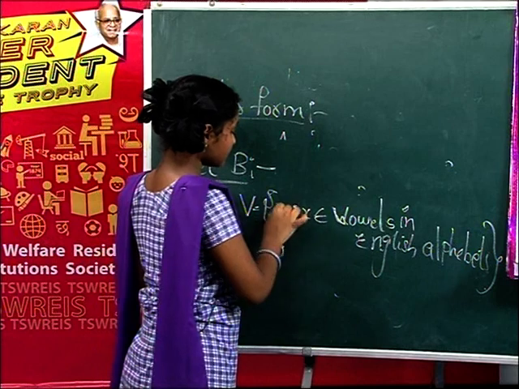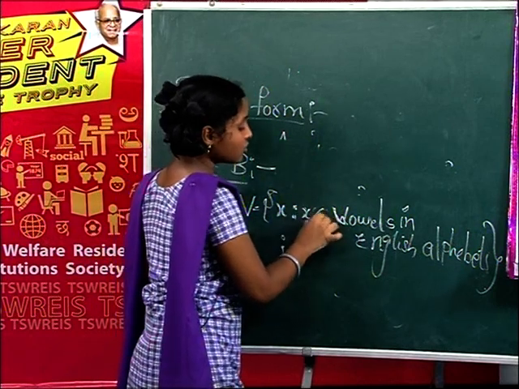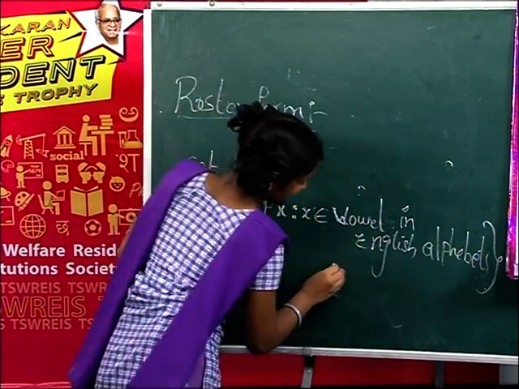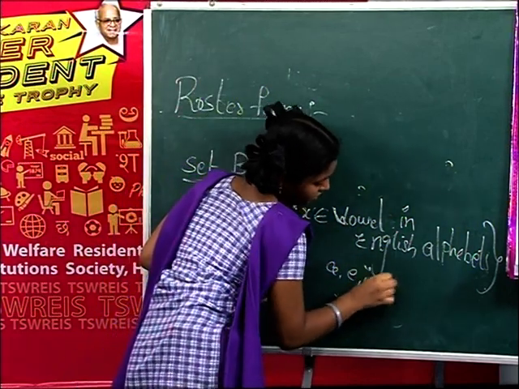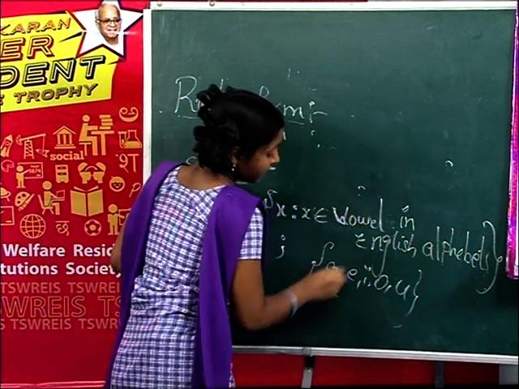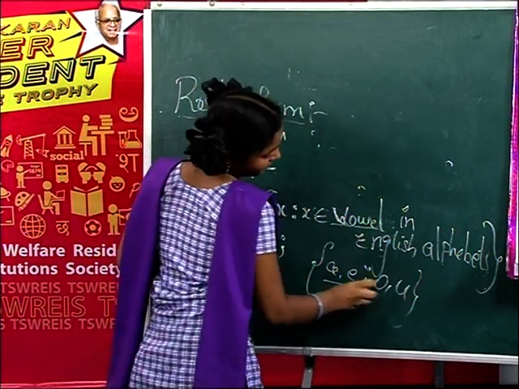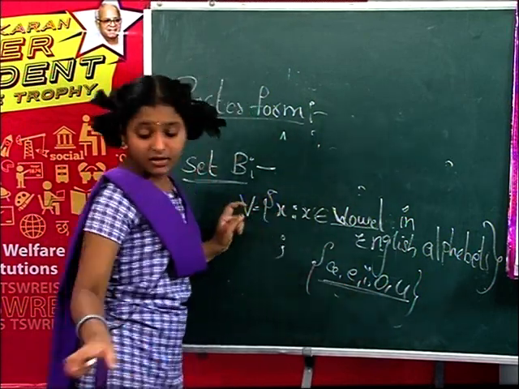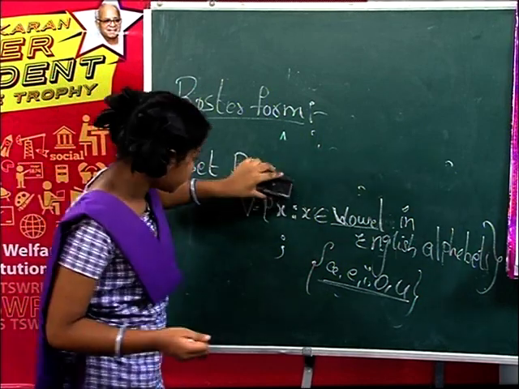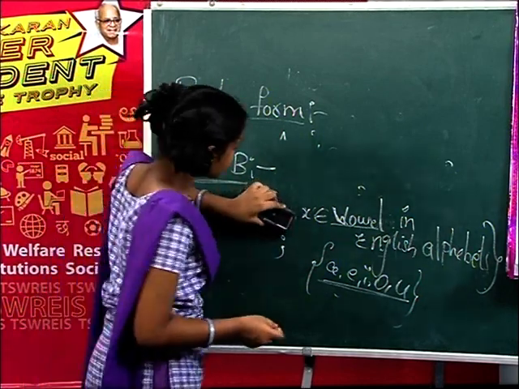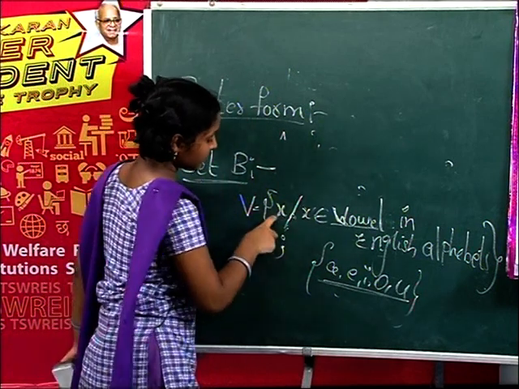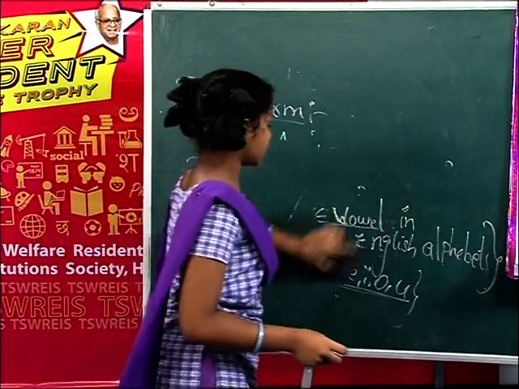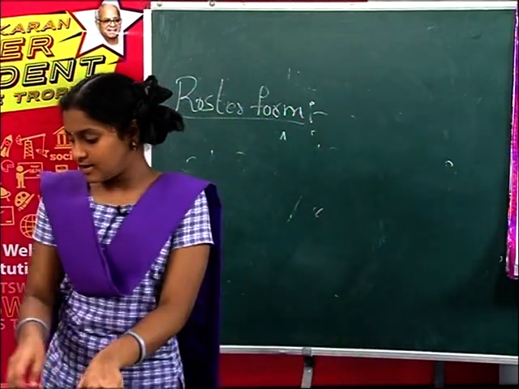We have to write x such that x belongs to a vowel. That vowel may be any of A, E, I, O, U, any one of these 5 letters. We can also write this in another form: x such that x is a vowel in English alphabets. Now I will show you a slide.